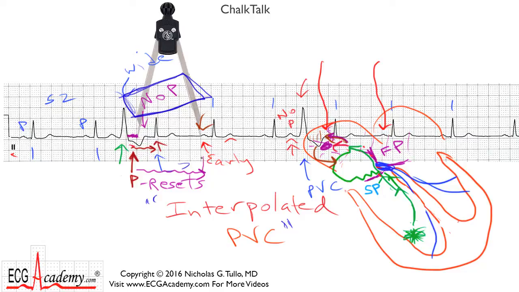But that explains why this P wave is not on time. It comes a little bit early, because it's the retrograde P wave that establishes when the next sinus beat's going to occur. So this very complicated explanation is the reason why interpolated PVCs are often followed by what look like junctional beats, even though there should be a P wave there.